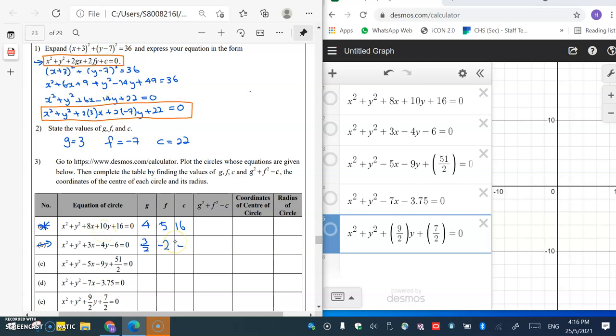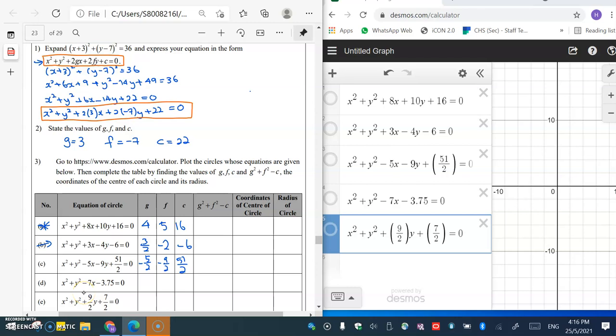And in this case, my c is as good as minus 6. For part C, to split negative 5 into 2g, I will need negative 5 over 2 times 2 to get 2g. Then I have negative 9, which will get me negative 9 over 2 for f. And then this one is a positive 51 over 2.